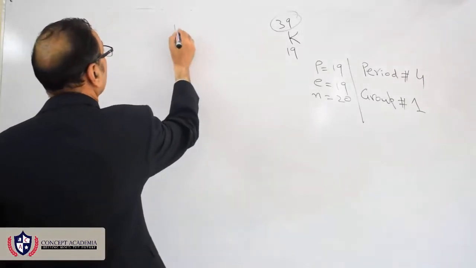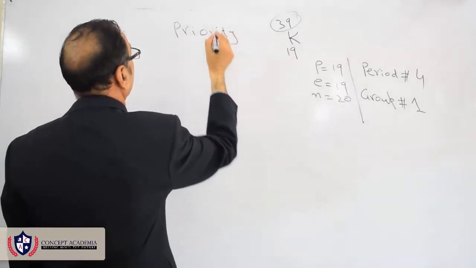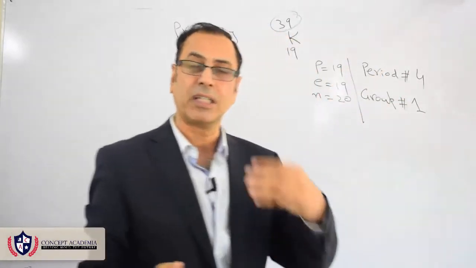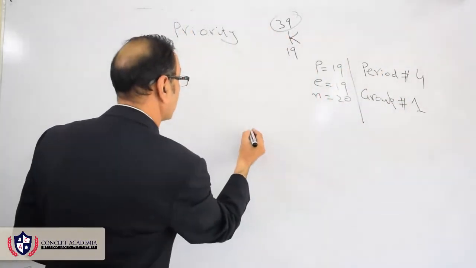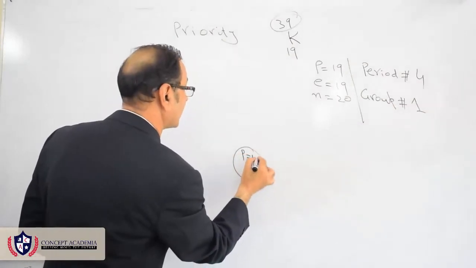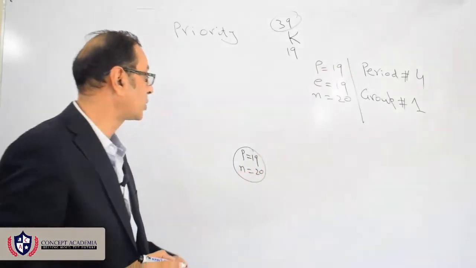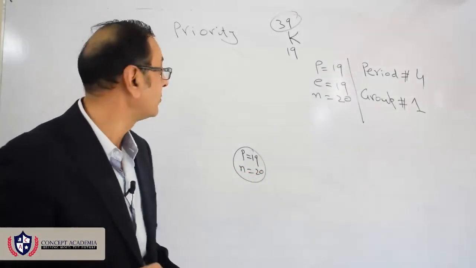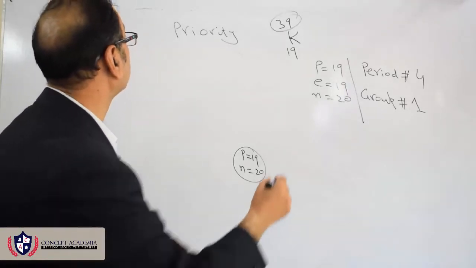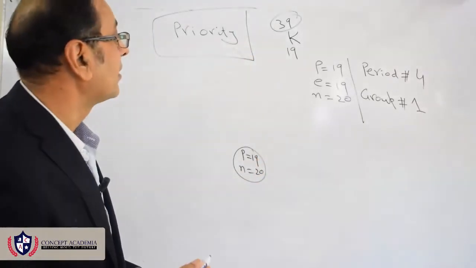You know very well that the priority of the period number is the first. Protons are 19 and neutrons are 20 in potassium, and the period number is 4, which must be given priority number 1.